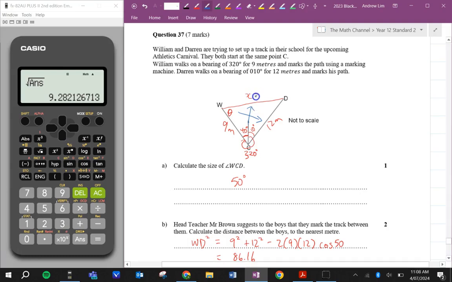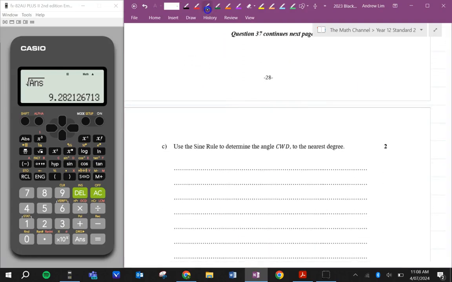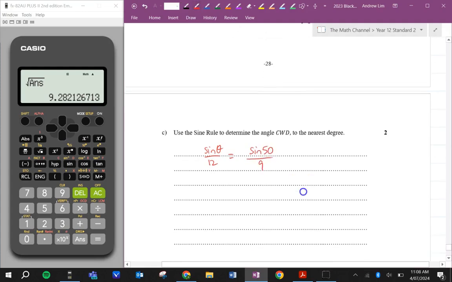So sine theta on 12 is equal to sine of 50 on 9. So sine theta is equal to 12 sine 50 on 9, and theta is the inverse sine of all of that.